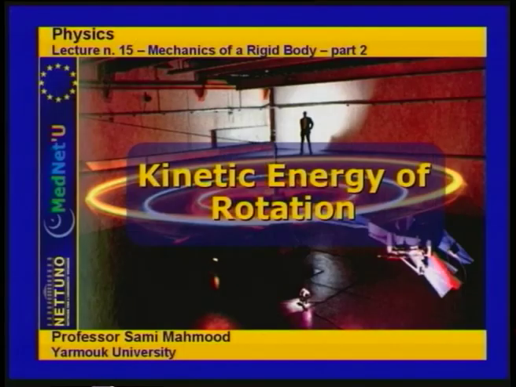Now we are at a point where we can look into the motion of a rigid body in more detail. And we can consider now the problem of calculating the kinetic energy of a rotating object.